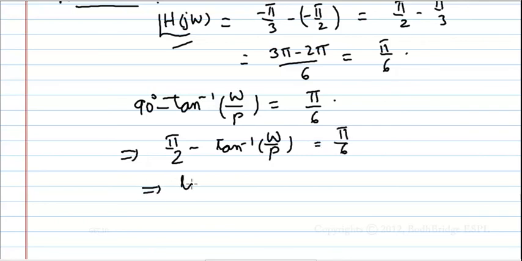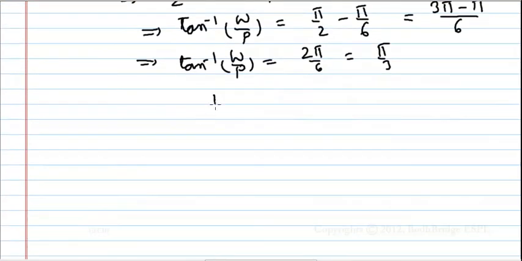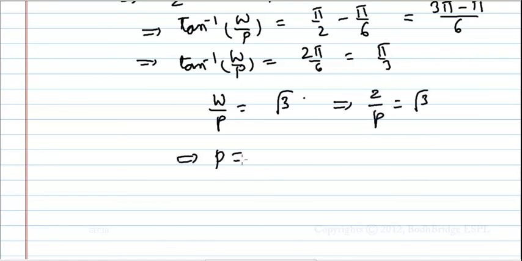This implies tan⁻¹(ω/p) = π/2 − π/6, which is (3π − π)/6, which comes as 2π/6, which is π/3. Therefore, ω/p is tan(π/3), which is √3. Now we know that the ω value is 2, which gives 2/p = √3. So the value of p is 2/√3.